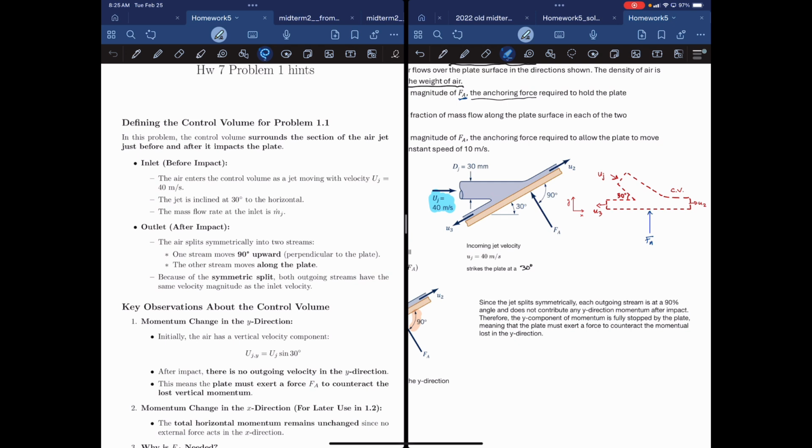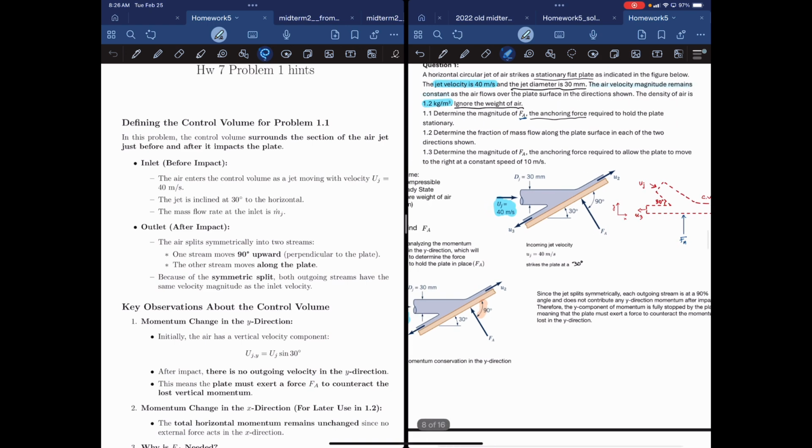The mass flow rate at the inlet is m dot j, we're calling it. The outlet is after impact, where the air splits symmetrically into 2 streams. One stream moves 90 degrees upward, perpendicular to the plate. The other stream moves along the plate. Because of the symmetric split, both outgoing streams have the same velocity magnitude as the inlet velocity. That's important to note.